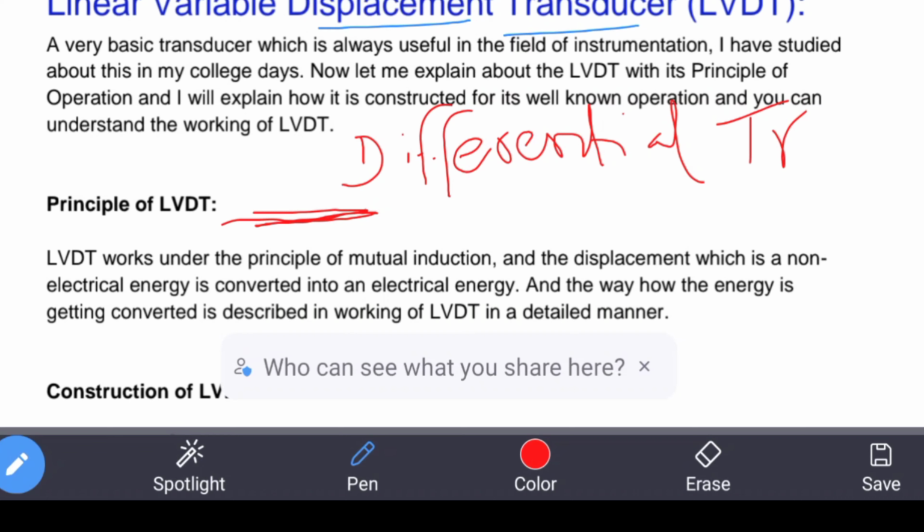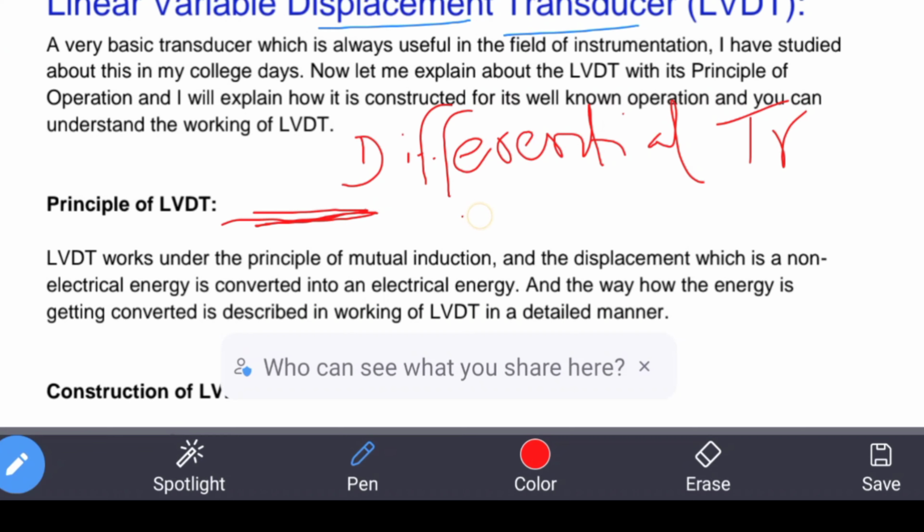The various parts of a transducer are the transduction element, the sensing element and the output. These are the main key points. At the start of the transducers chapter, I told you what a transducer is and what the various parts of a transducer are. LVDT is the acronym for linear variable differential transformer, or we can say linear variable displacement transducer also.